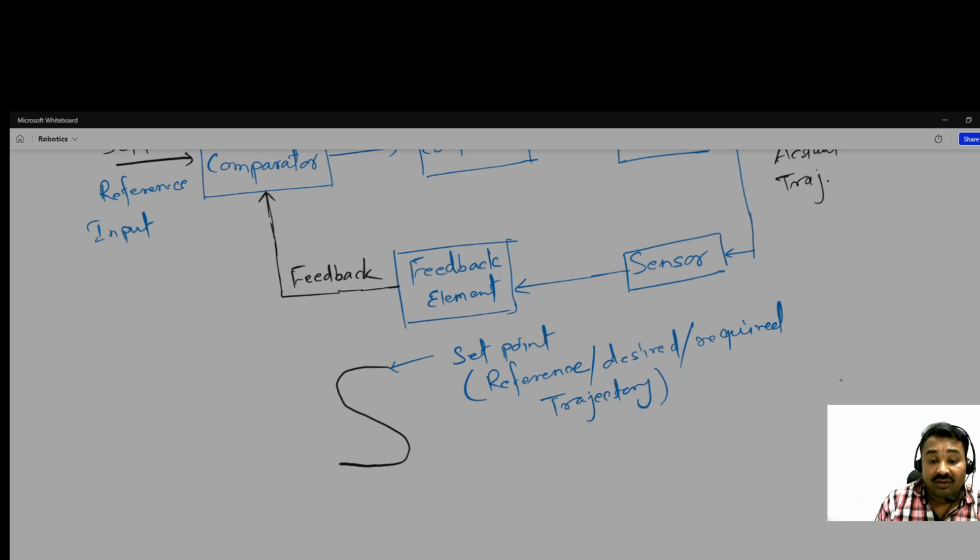Whether we are getting the same trajectory or not. So suppose I am getting the same trajectory over the reference trajectory. You can see here both are coinciding, desired and actual. This is the actual trajectory.